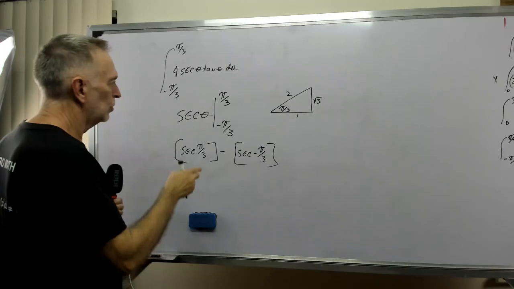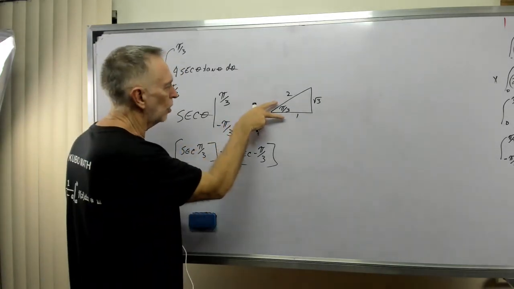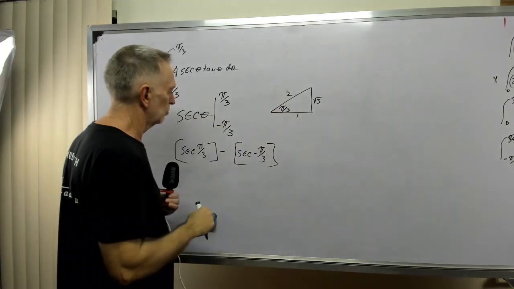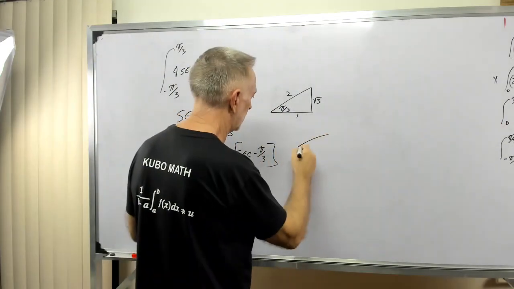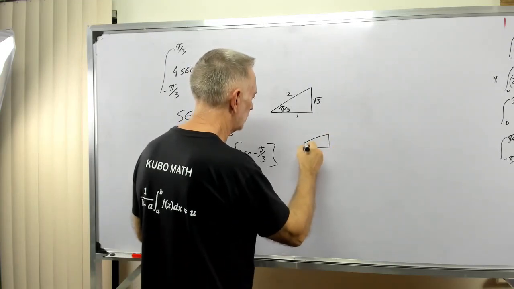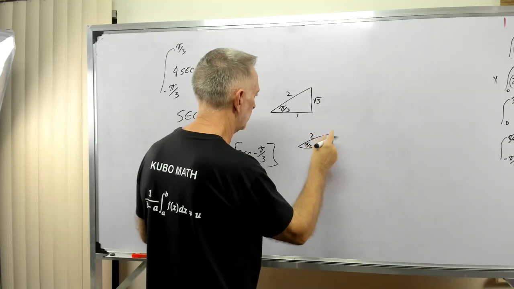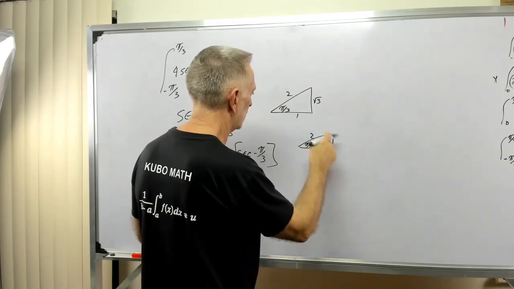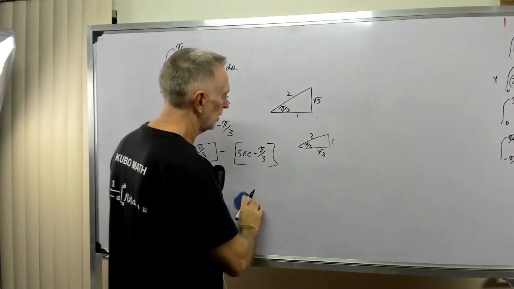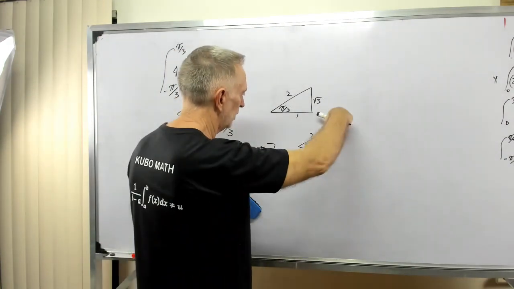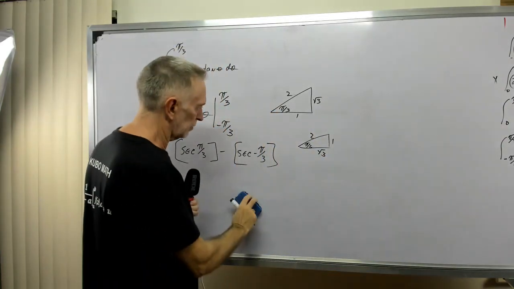Cosine, which is the opposite of secant, is 1 over 2. Let me make certain I've done that correctly, because I always do this with a 30 degree. It's 1, square root of 3 over 2. So cosine is 1/2, yep, that's good. Cosine of that angle would be 1 over 2. That's right.